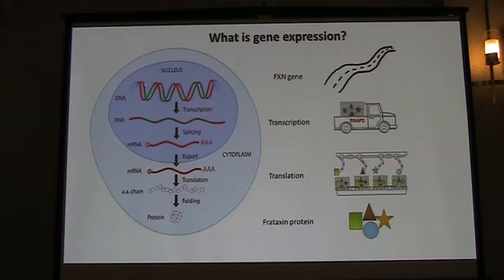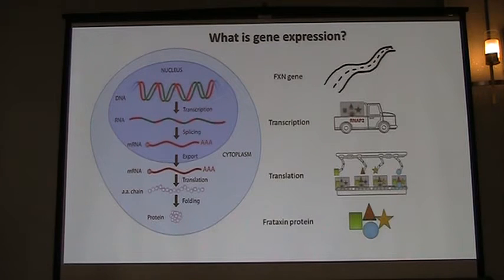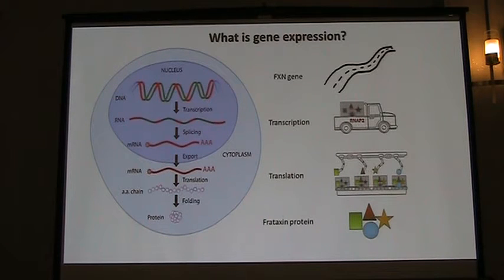It does that by being copied into another molecule called the messenger RNA, which is then transported from the nucleus to the cytoplasm, and it's used as a template to make proteins. The proteins are what constitute a lot of your body. They are a structural component of your body. They participate in all the enzymatic reactions of your body inside the cells.